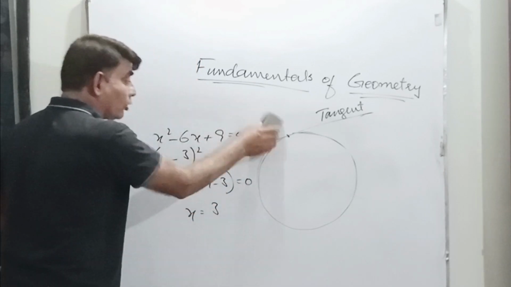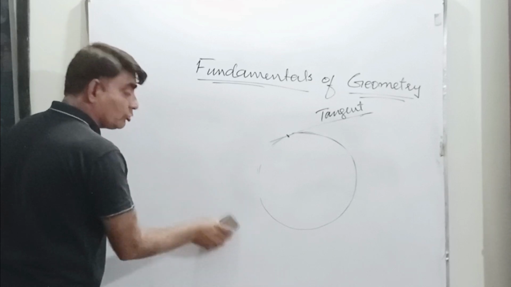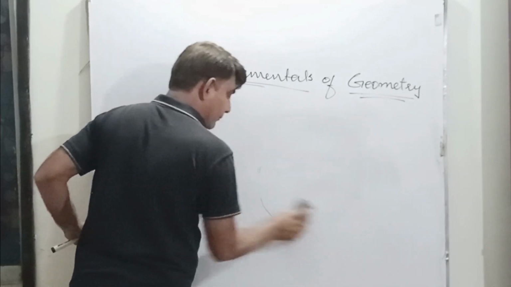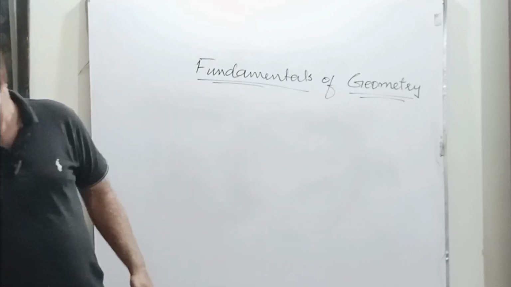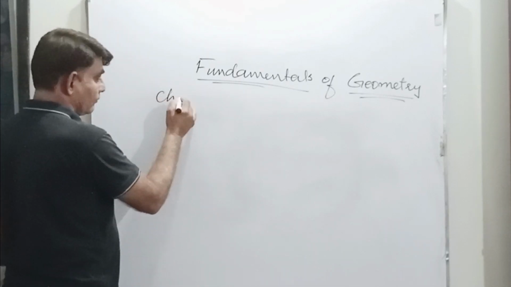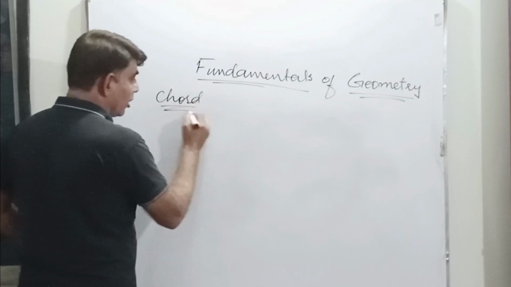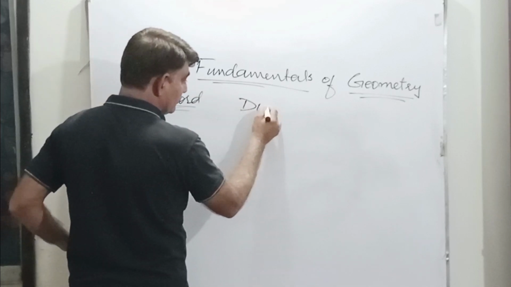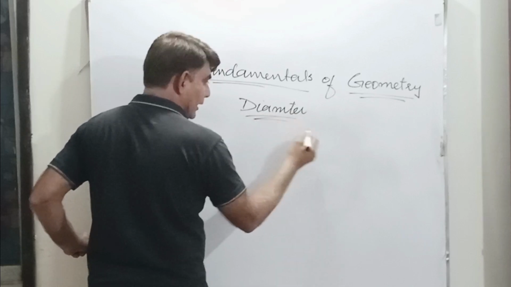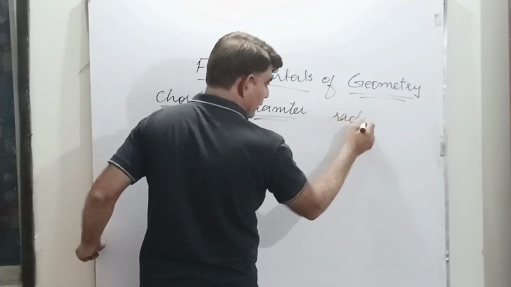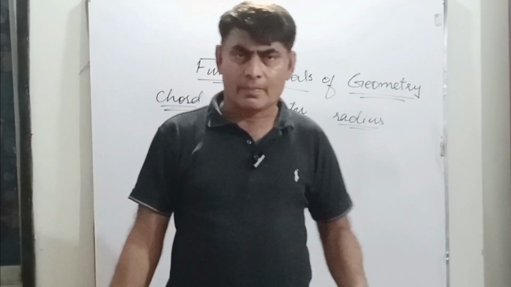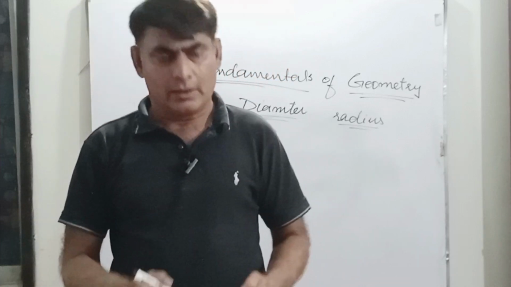The most important terms related to circle in fundamentals of geometry: chord, diameter, and radius. Okay, there are so many different definitions, and all are correct.